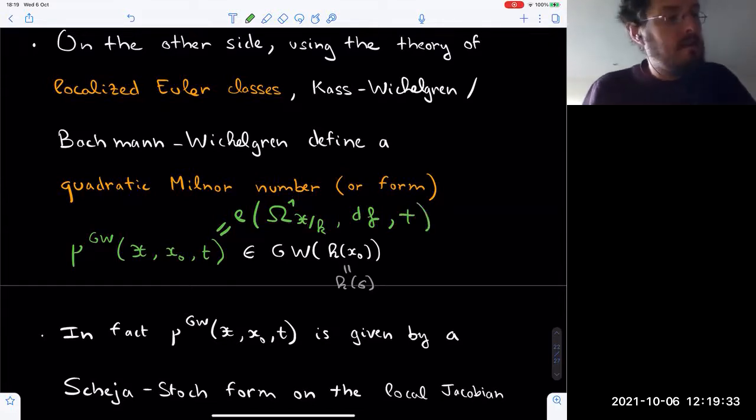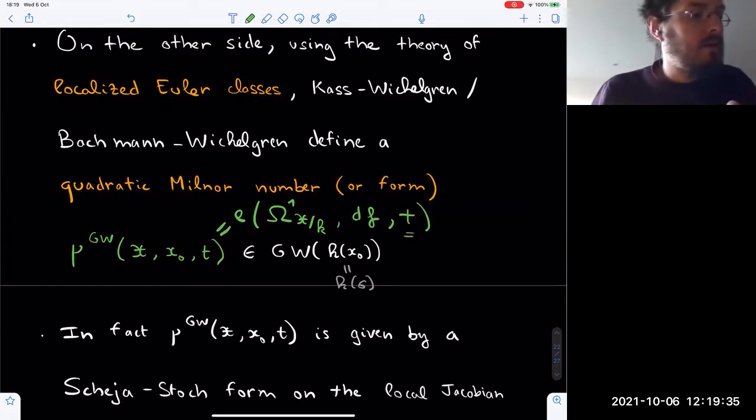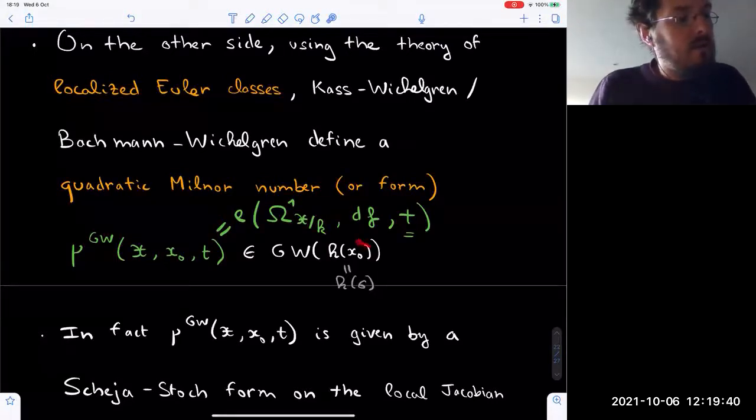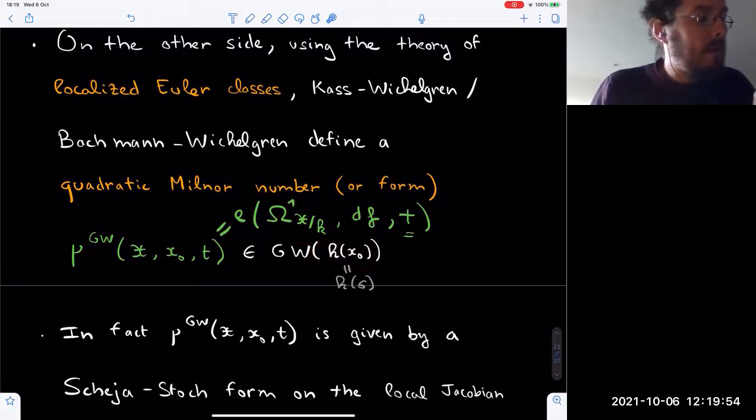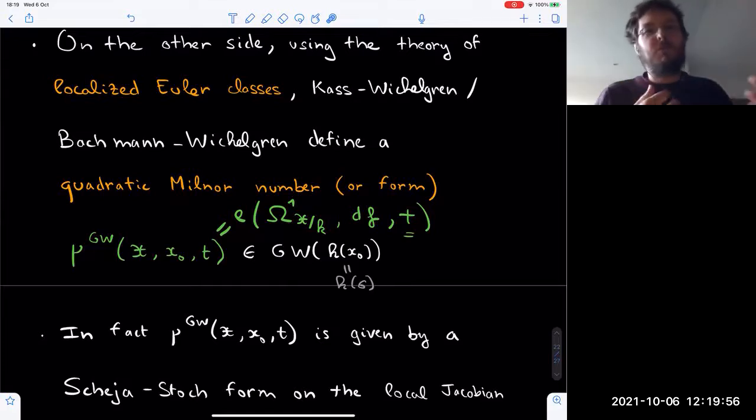So this really depends on the uniformizer. So you get something in the Grothendieck-Witt of the residue field of x0, but because we have assumed that x0 is a rational point, although we could get around this, this is then just a class in the Grothendieck-Witt ring of k. So now we have two invariants, which both live in the same ring.